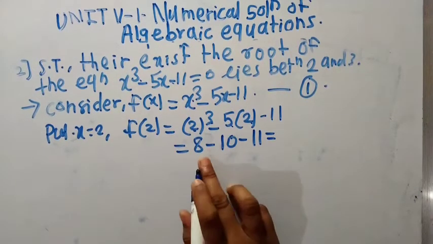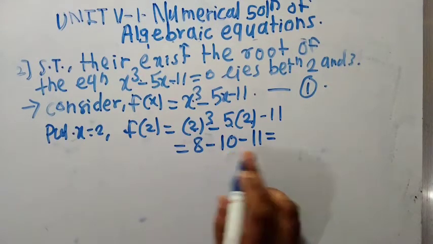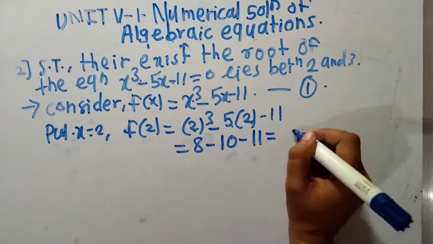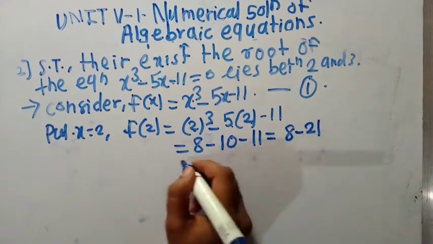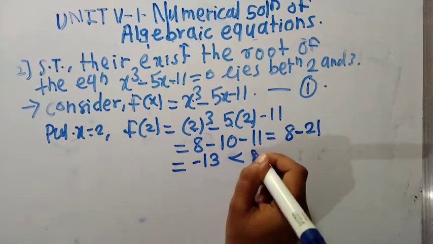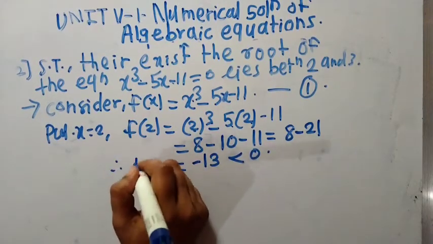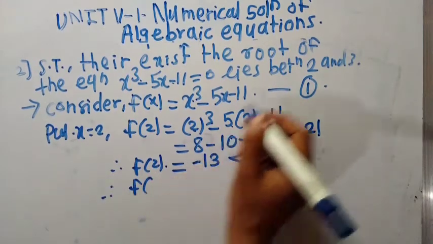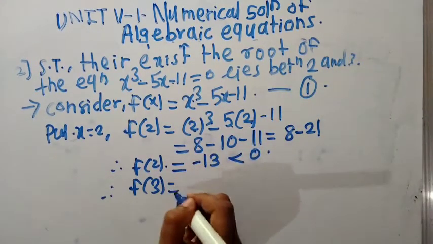Then 8 minus 10 minus 11 is minus 13. It's less than 0. It is above 2. And then find out above 3.